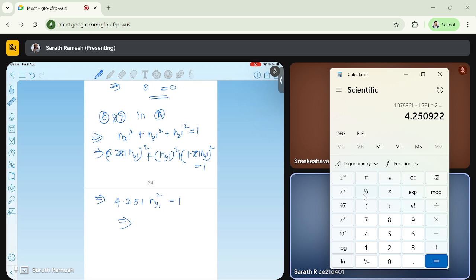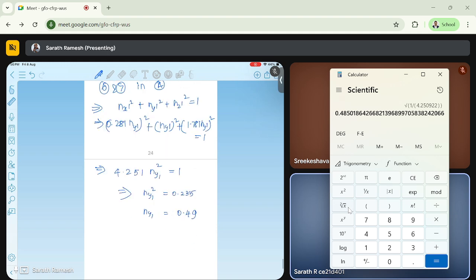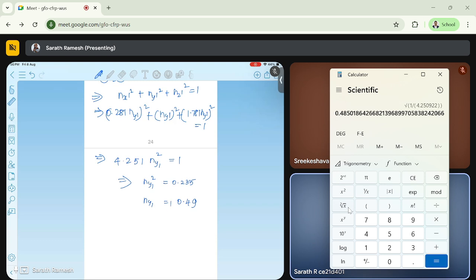That implies, taking the reciprocal, ny1 square equal to 0.235. So ny1 will be the square root of this, 0.485. So 0.49, I can round off, plus or minus, since it's a square root.